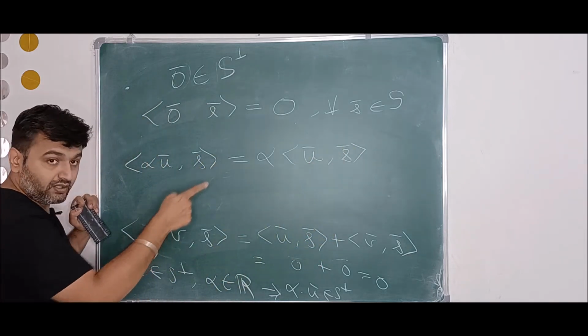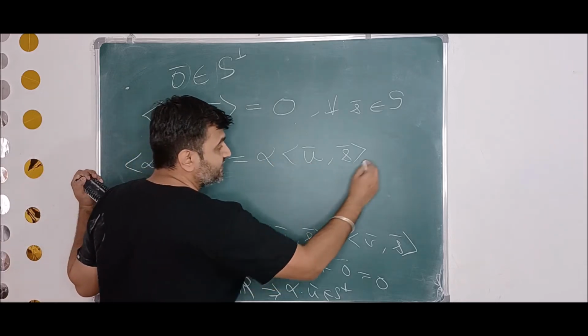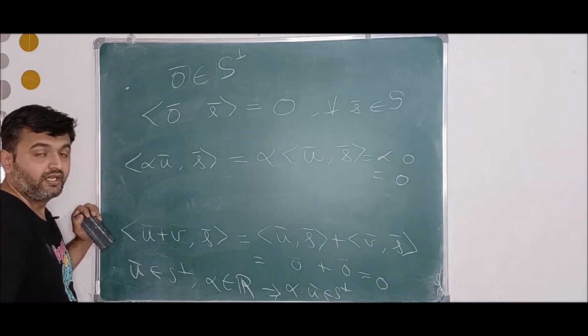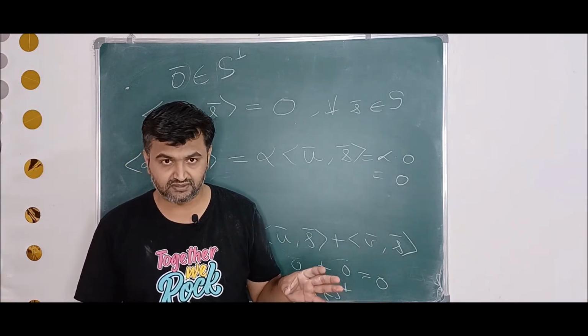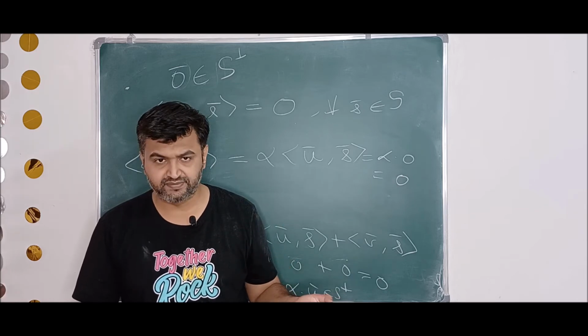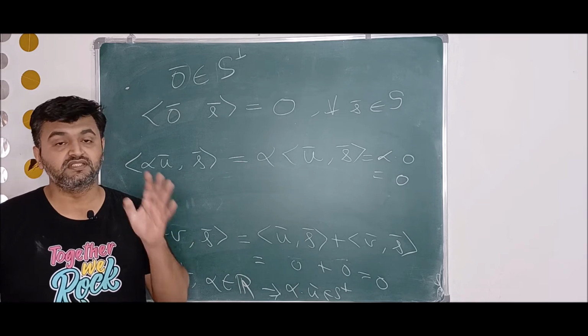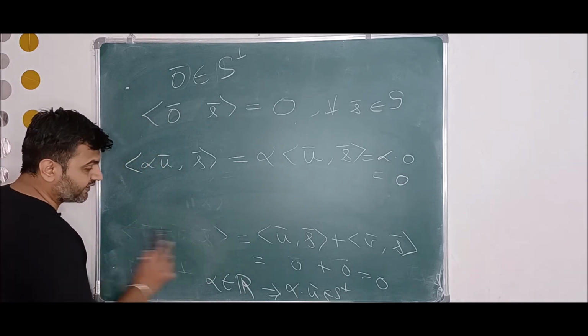But your U bar is in S perp, therefore this is 0. So given a set S, which is a subset of a vector space or a subspace of a vector space V, the orthogonal complement always forms a subspace. That's one thing one should realize.